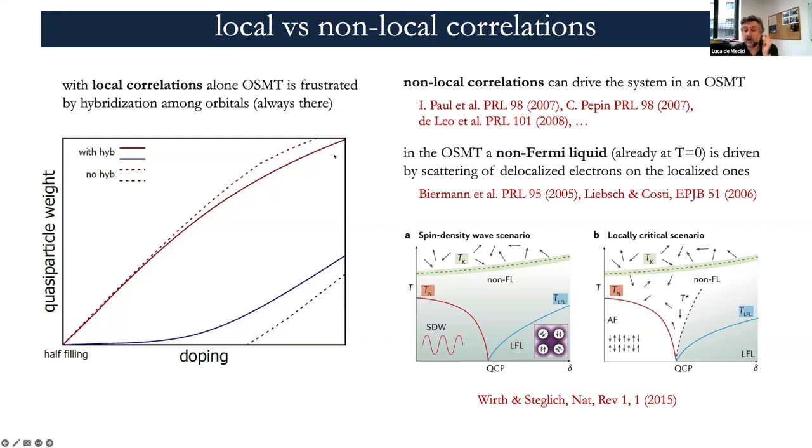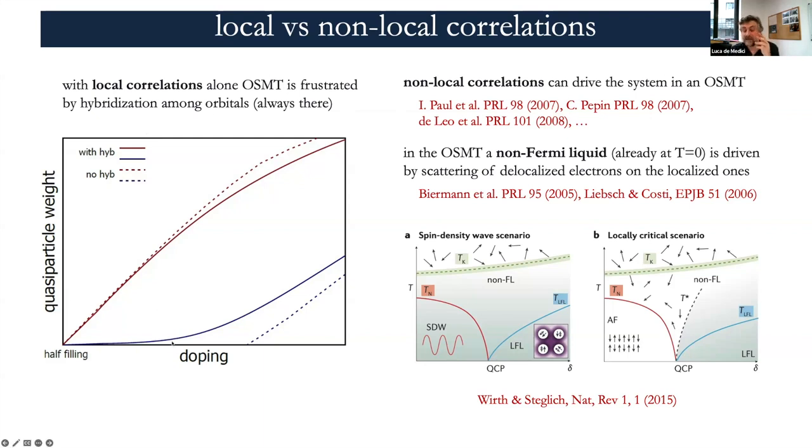Or at least local correlations cannot, and it can be shown analytically, give us an orbital selective Mott transition. So basically you obtain this long plateau without fine-tuning of extremely low coherence, exactly as you find in an F electron heavy fermion.